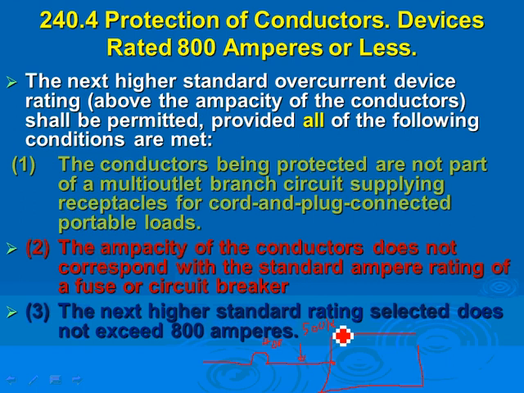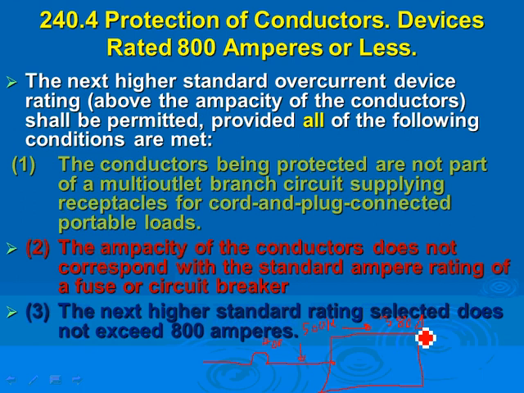You guys are familiar with 500 kcmil. The 500 kcmil can get you 380 amps. So now I have a 400 amp overcurrent protection device protecting a conductor that's rated for 380. Is this okay? Completely legit based on this rule.